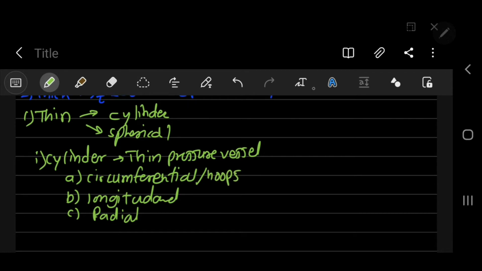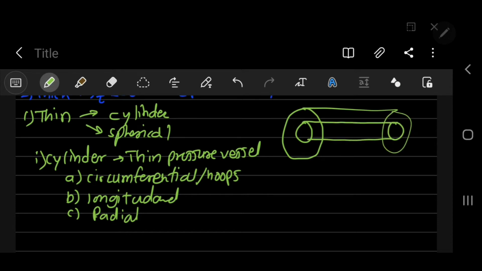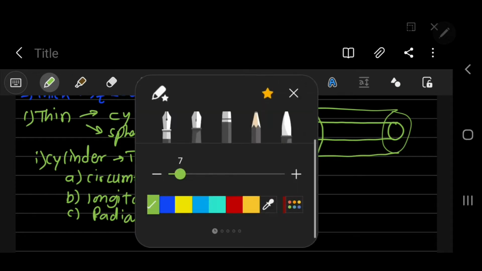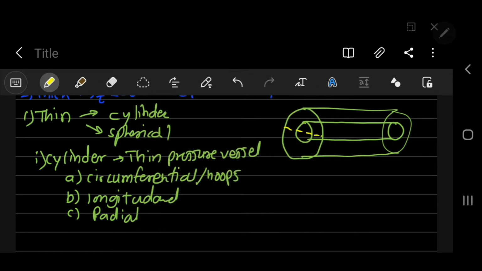When we say cylinder, we imagine a shape like this. If we cut this cylinder along this section, we will get a section like this.